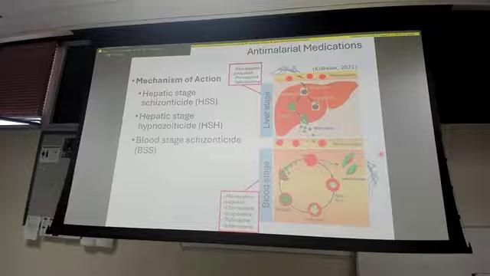So that is what your hepatic stage schizontocide is targeting, the schizonts in the liver stage. And then you also have the hepatic stage hypnozoiticide. Remember, some malarials reside dormant in the liver as hypnozoites. So this middle one targets the hypnozoites that stay in the liver.